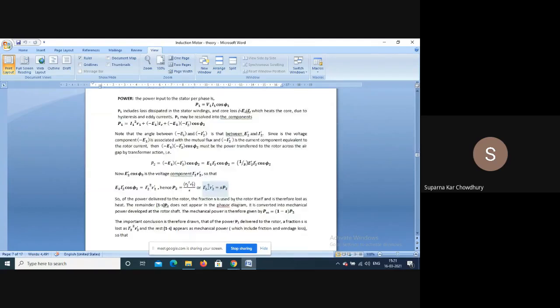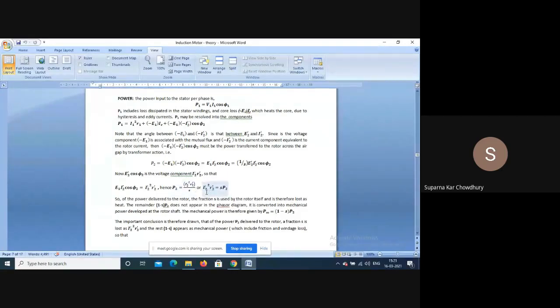So if we replace this, P2 will be I2 dash square R2 dash by S. So I2 dash square R2 dash is equal to S P2.